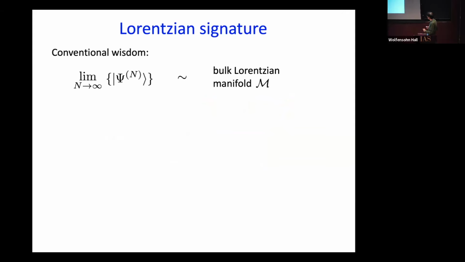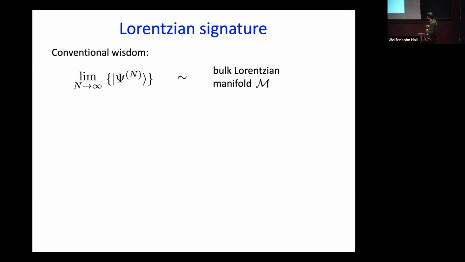On the Lorentzian side, the story is even richer. Again, let's first review the conventional wisdom. Normally in Lorentzian signature, we imagine we have a sequence of states which depend on n.